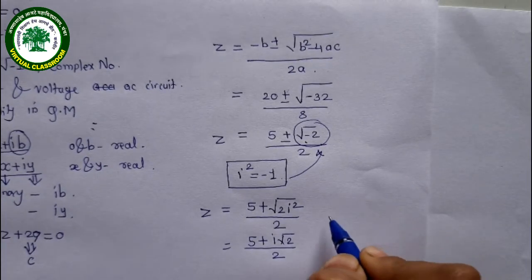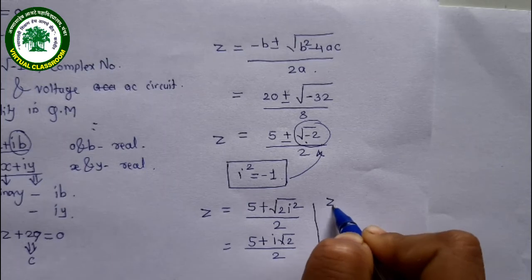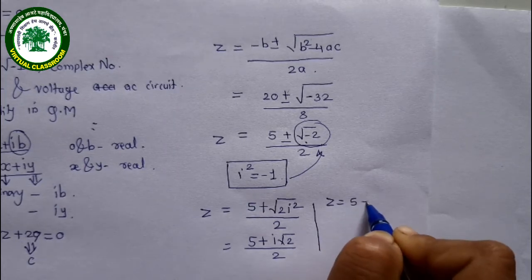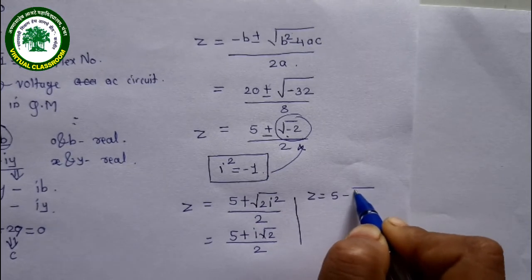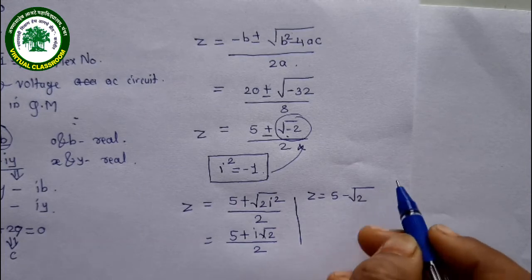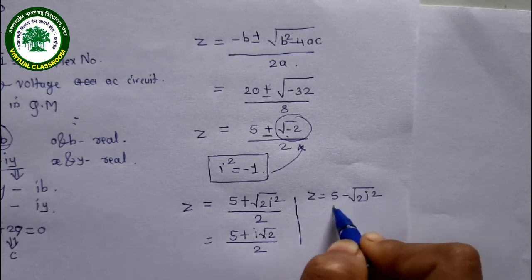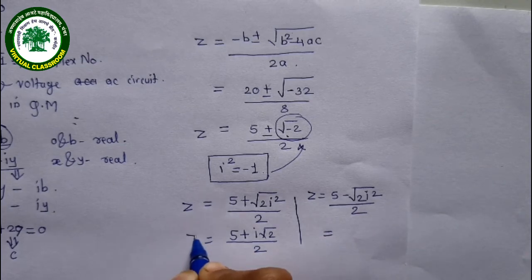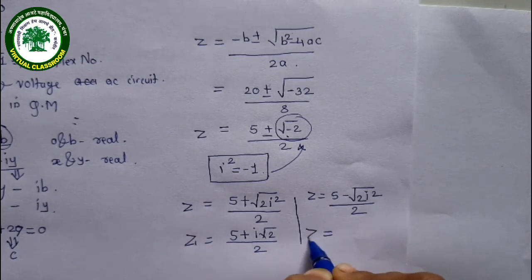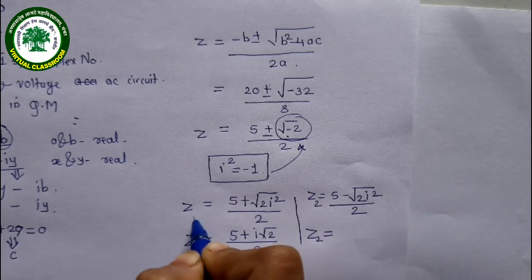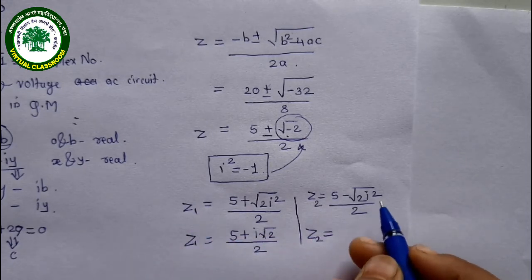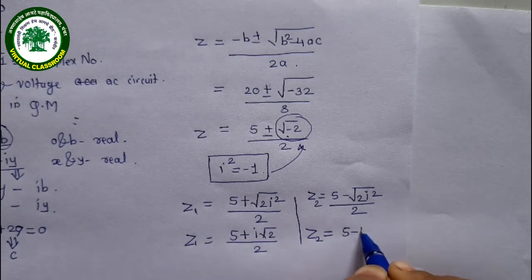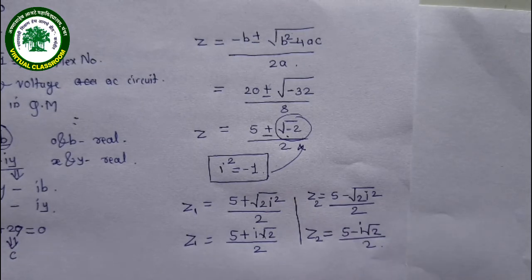Similarly, for the negative sign, z is equal to 5 minus square root 2 as it is, and i square upon 2. By solving it further, let us call the first root z1 and the second root z2. Then z2 will be 5 minus i square root 2 upon 2.